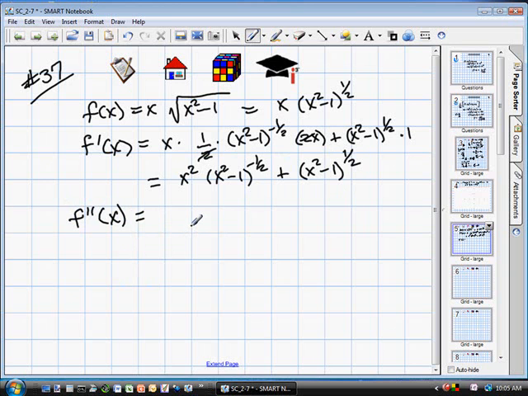So I'm going to do the product rule again on this guy. The first times the derivative of the second, plus the second, I'm going to start running out of space here, times the derivative of the first.